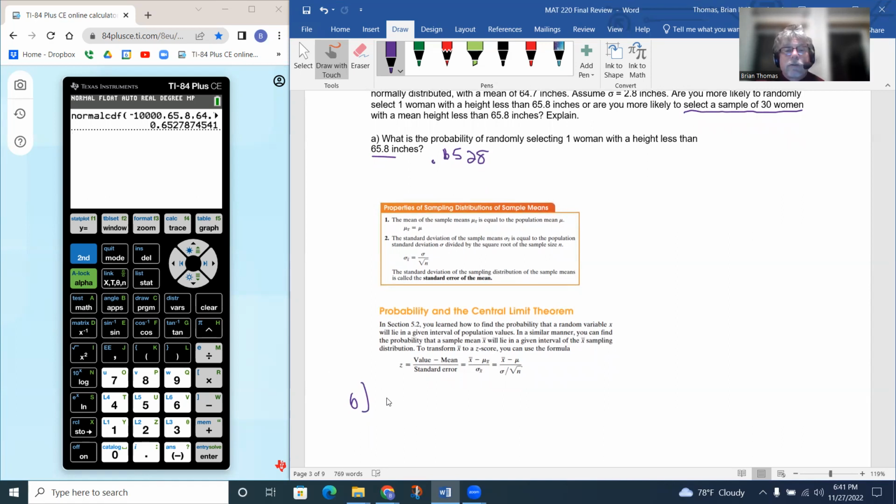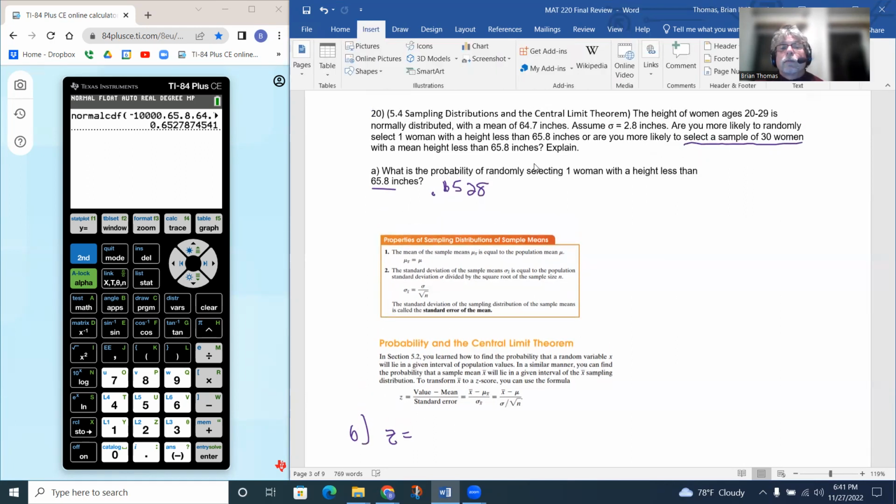To find the z-score, we use x bar minus mu, divided by sigma divided by the square root of n. Remember, x bar is the sample mean, which they said was 65.8.